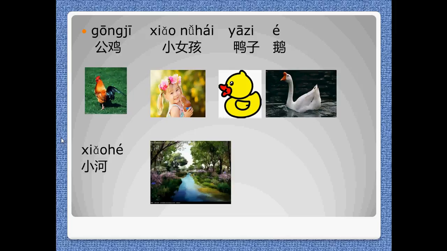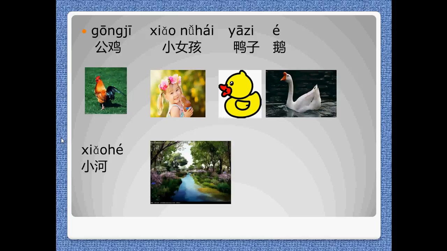So in the HSK 1 exam, normally when you see some words and pictures, there will be a question. You should connect the right pictures with the right words. So you need to practice reading and writing, and see the pictures as well as Chinese characters as often as you can.